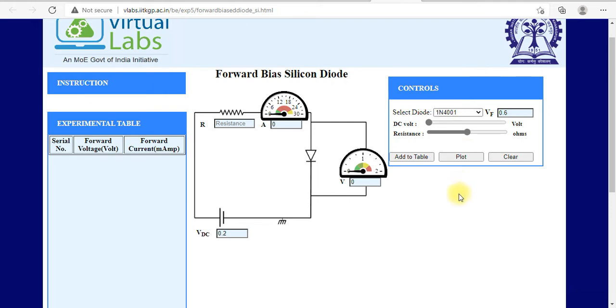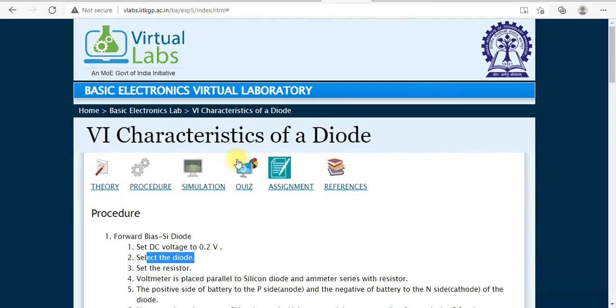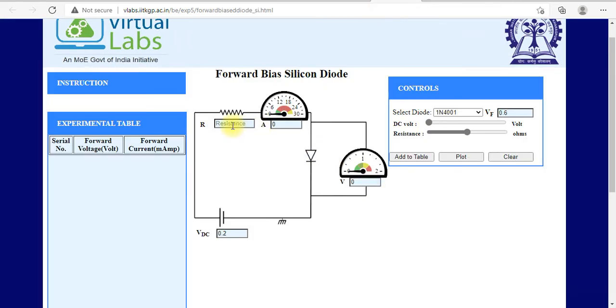So we choose this 0.6, and after that set the value of the resistor. Now we put the resistor value at 500 ohm. Okay, this is the resistance value, 510.